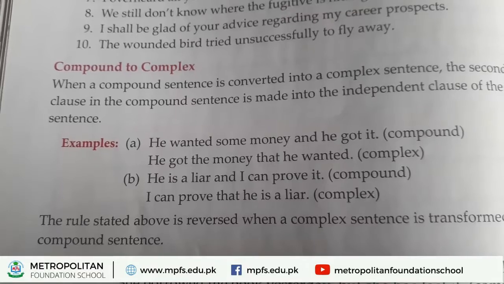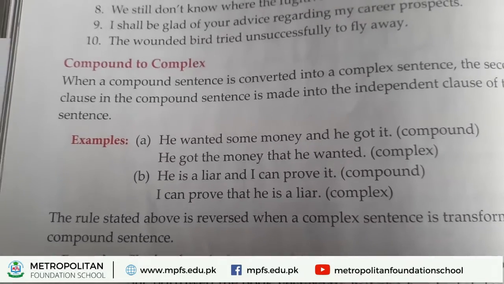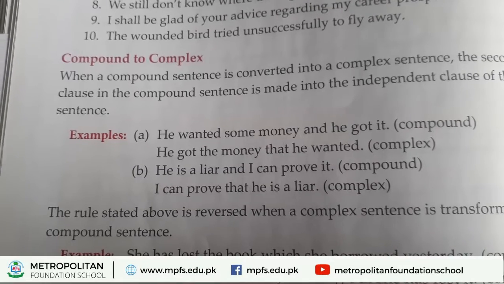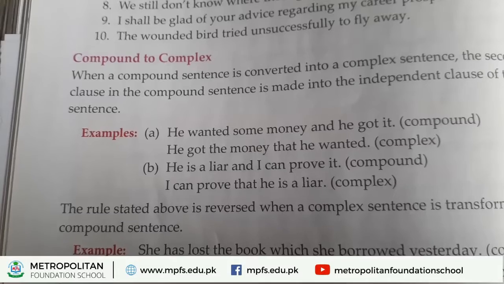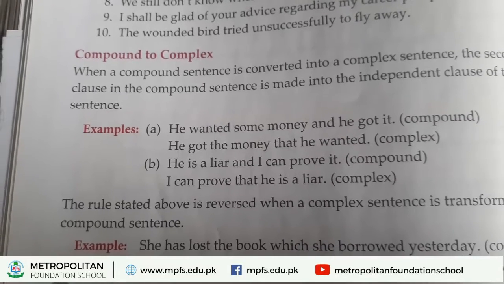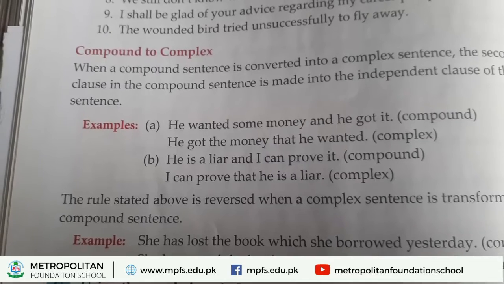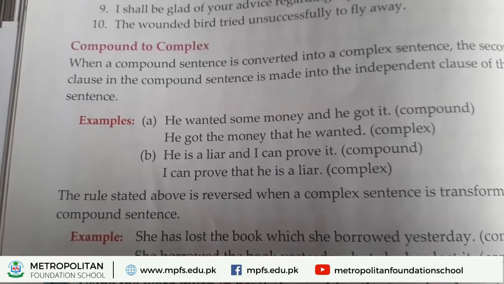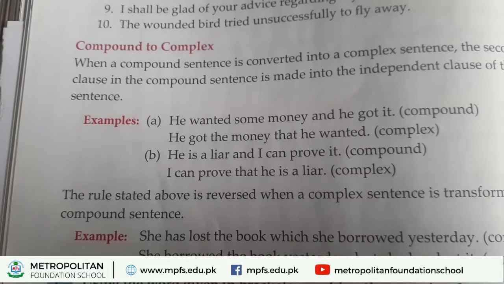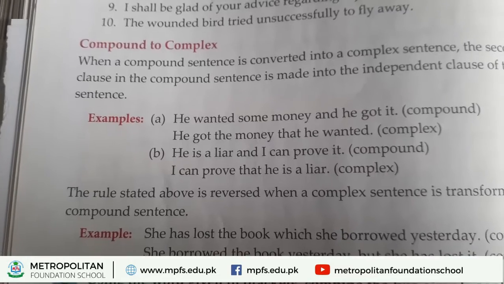To transform the positive degree into the comparative, as and so are left out, and the adjective or adverb is put in the comparative form and used with the conjunction than. And affirmative sentences are made into negative and negative into affirmative.